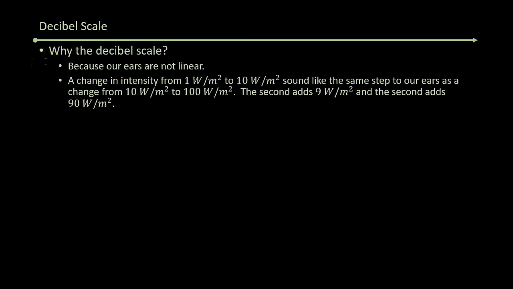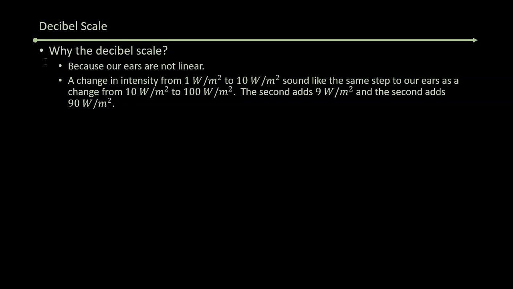Why do we use the decibel scale? Now, these intensities are ridiculous because they're very loud, but it demonstrates what I'm after. A change in intensity from 1 watt per square meter to 10 watts per square meter sounds to the human ear like the same step as from 10 watts to 100 watts, even though the first one is just 9 watts per square meter more, and the second one is 90 watts per square meter more, right?